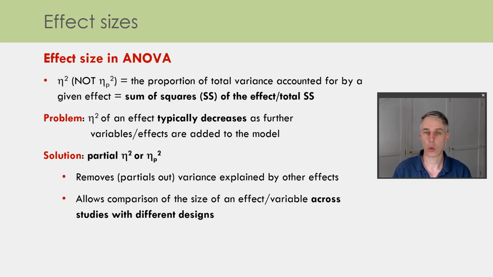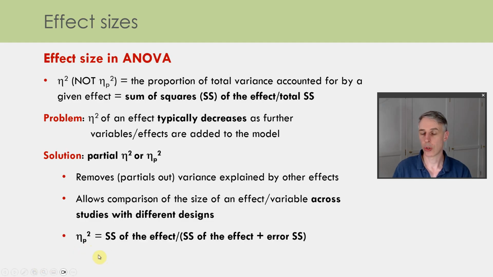So partial eta squared is suggested as a solution to that because it provides an estimate of the size of the effect while partialing out variance explained by other effects in the model. Proponents of that effect size measure suggest that it allows easier comparison of effect sizes across studies that have different designs, that for example have different factors or different covariates alongside the predictor that you're interested in.